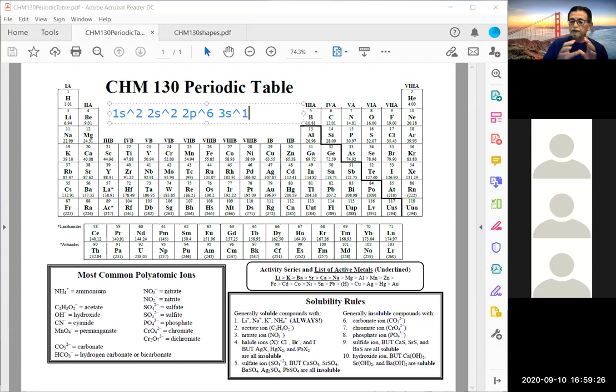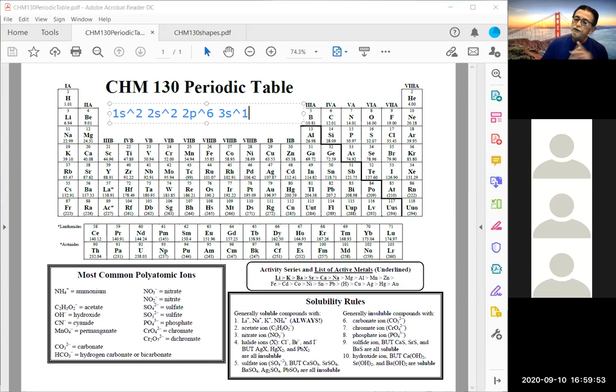Now, I want to ask you guys a question. You tell me, give me your best thought. I just stated that the driving force is to gain 8 electrons. And so sodium right here has 1 electron in the outermost shell. Elements want to have 8 electrons in the outermost shell, either by gaining or losing.